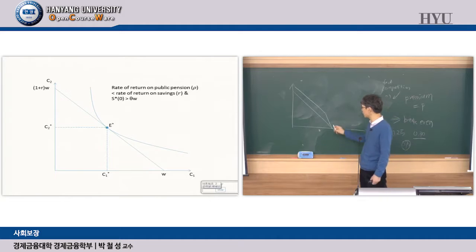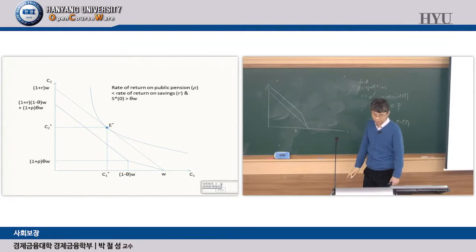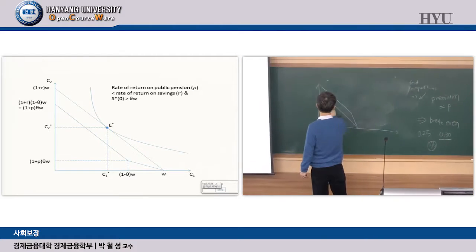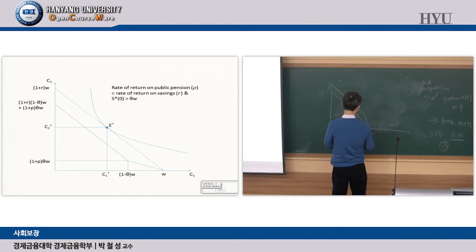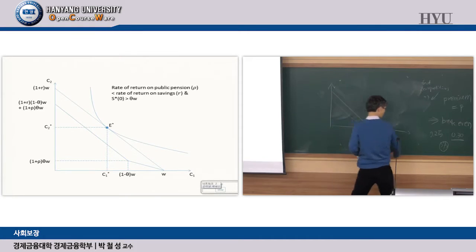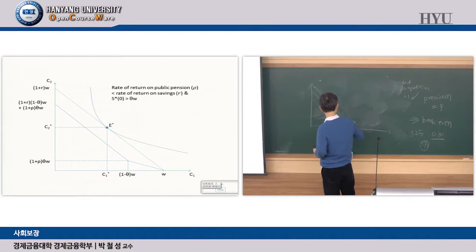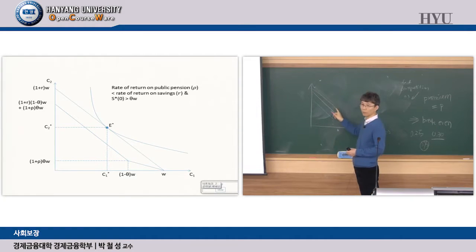Okay? If rho is greater than R, okay, then, so this is the case where rho is less than R, okay? So the blue one, so the red one is the case where rho is greater than R, blue is the case where rho is less than R, and white is the same. Okay.